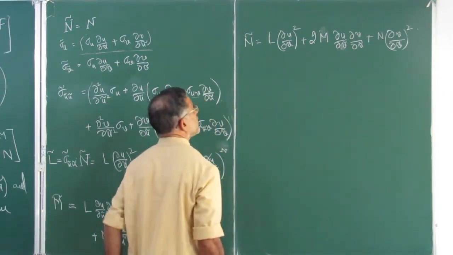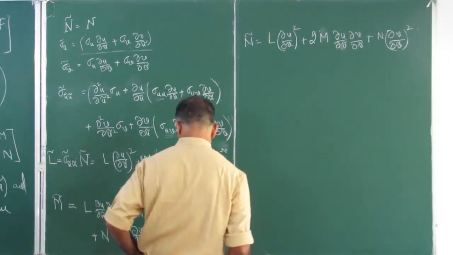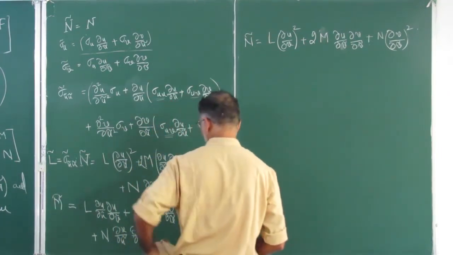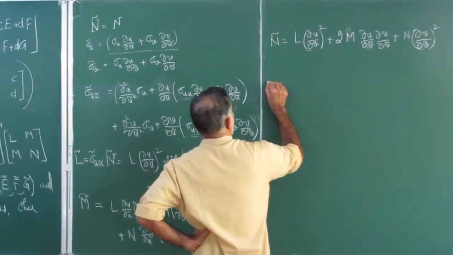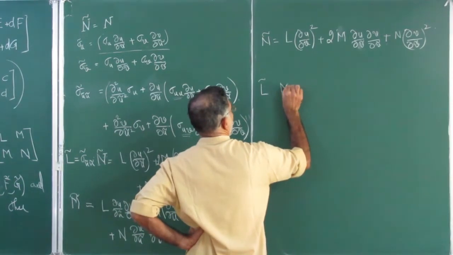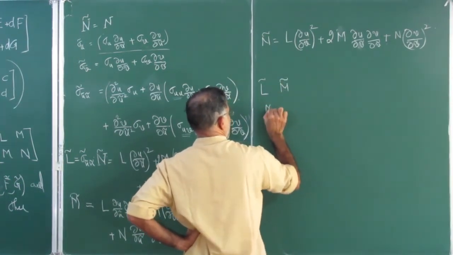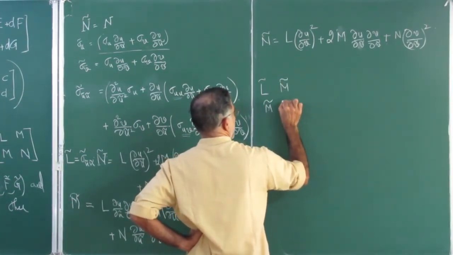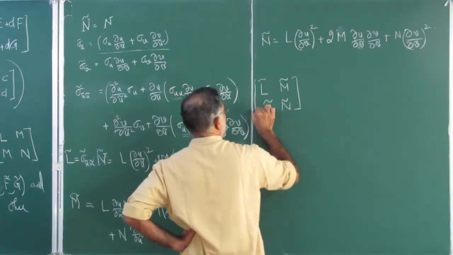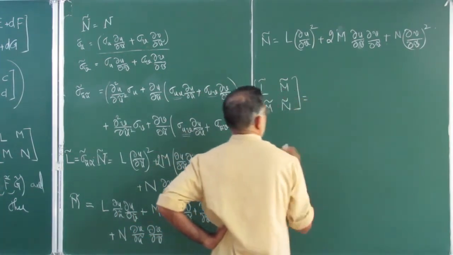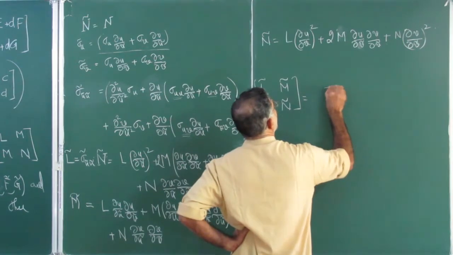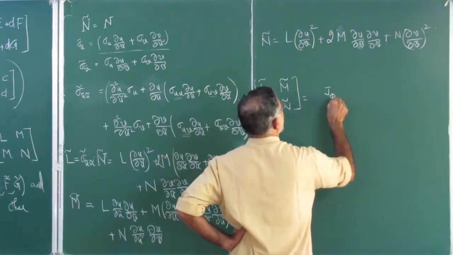So now, of course, you can write the matrix, you can separate it. What you essentially get is L tilde, M tilde, M tilde, N tilde. This is actually equal to, you can check this, Jacobian of phi transpose, L, M, M, N, Jacobian of phi.